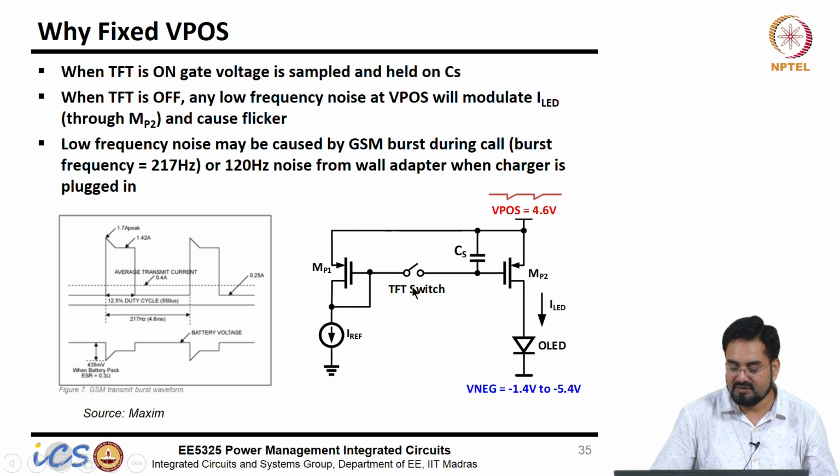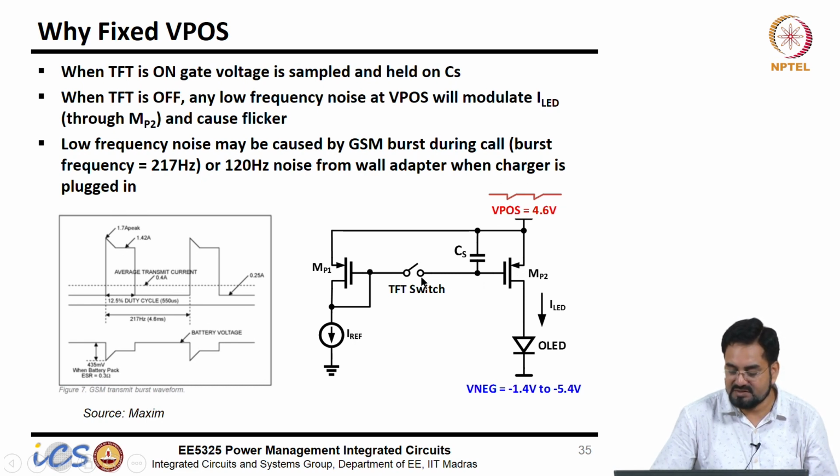We know this switch is running at a very high frequency because it depends on your refresh rate, obviously. So it will be sampling and then holding this voltage, and then this switch will turn off. When this switch is turned off, and let us say any change in this voltage happens, that will be directly reflected into this LED, and this current will change because this voltage is already fixed.